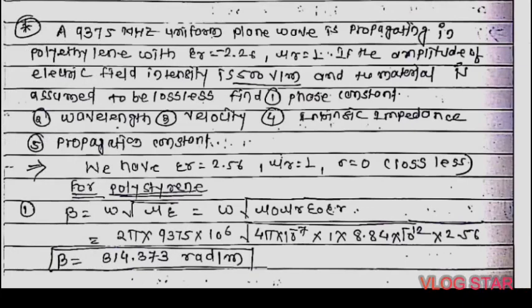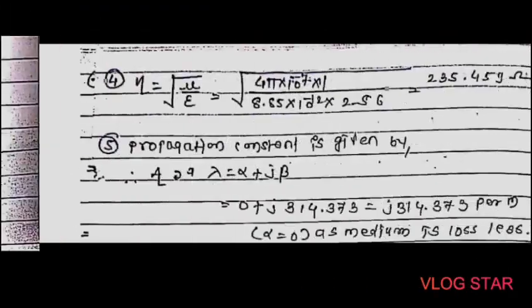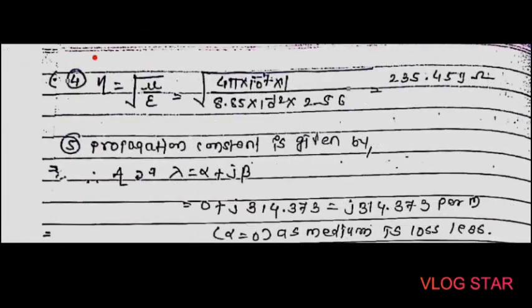Then the next point is to calculate the intrinsic impedance. For that we use the formula eta is equal to root of mu upon epsilon. The value of mu is mu 0 mu r, so eta is root of 4 pi into 10 raised to minus 7 into 1, divided by epsilon 0 into epsilon r, that is 8.85 into 10 raised to minus 12 into 2.56.